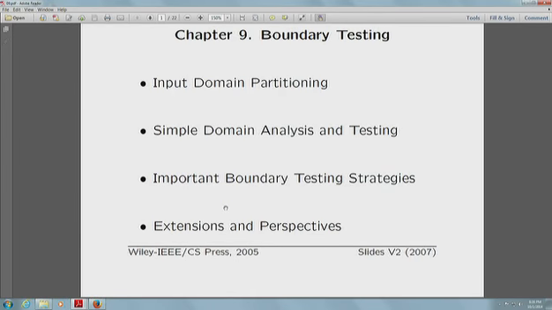Essentially, what we are trying to do is looking at the basic input domain boundary partition, and there's a simple domain analysis and testing based on the so-called EPC, extreme point combination. And then we were looking at two of the important boundary testing strategies, the weak n by 1 and the weak 1 by 1 strategy, and then looking at some other strategies.